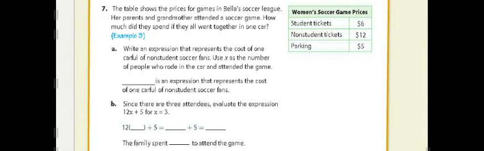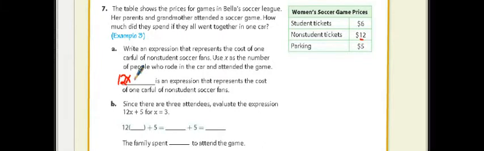Okay, the table shows the price for games in Bella's soccer league. So what I'd asked you to do is come up with the expression that represents the cost of one car full of non-student soccer fans. So, first of all, we want to see what's the price of a non-student. It's $12. So we're going to go $12 times how many people? We're going to use x in this expression. 12 times x. Is there any other cost involved?